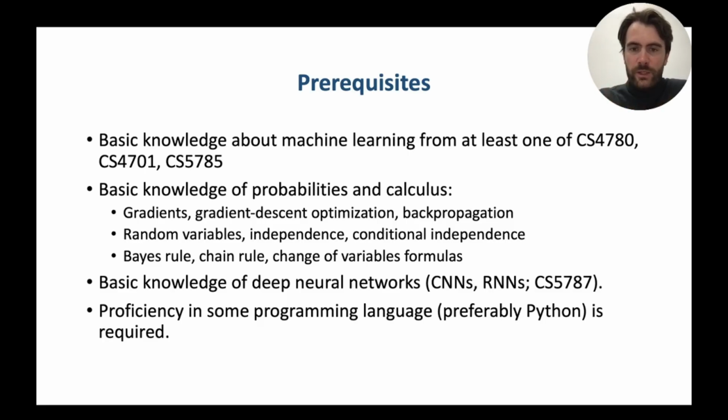And so by this, we mean that you should be familiar with concepts like Bayes' rule, change of variables and probability. You should know what is a random variable, what are independent variables, what are conditionally independent variables. And on the calculus side, you should be very familiar with gradients, derivatives.